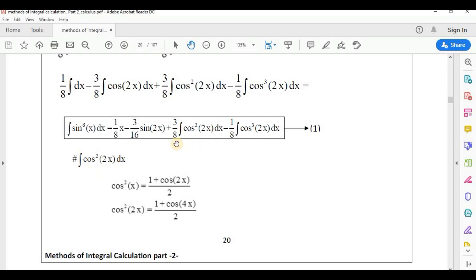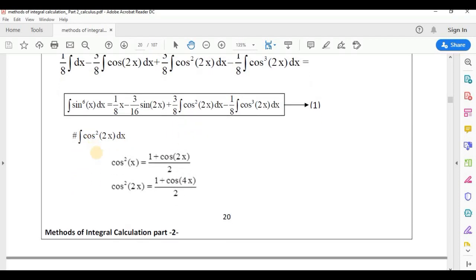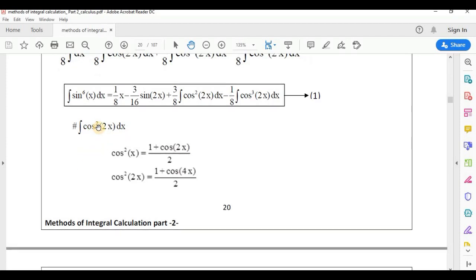So we will try to solve this integral, cosine to the power 2 of 2x dx. How will we solve it? We have here an even power, so we will use the same repeated step. Here we have the quadratic exponent, so we do not need to withdraw 2 from the exponent, because we have 2.